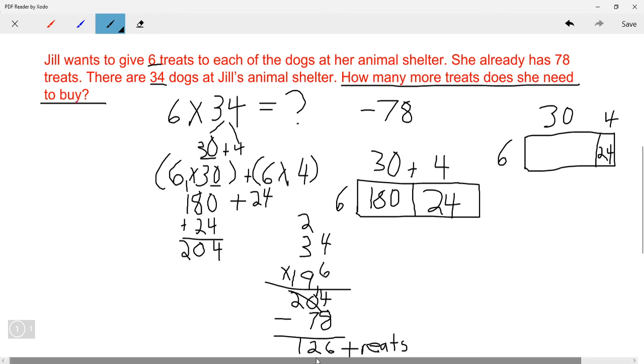Does my answer answer that? Does 126 treats answer how many more treats does she need to buy? The answer is yes. If your answer was 204, you were like, is 204 how many more treats she needs to buy? Hopefully you would read that and think, no, that's not how many more treats she needs to buy. That's how many treats she needs in all.